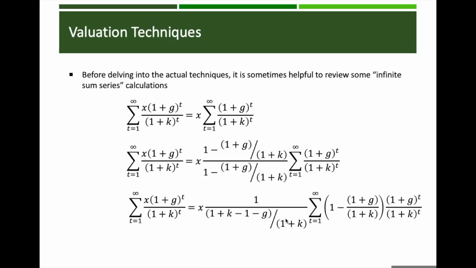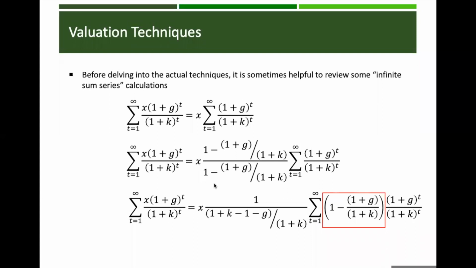So why did I do that? Well, I'm going to distribute the numerator portion, 1 minus 1 plus G over 1 plus K, into the summation series. That's just a property of mathematics. I believe it's called the distributive property. So you see that I've just moved it into the summation. There's nothing wrong with doing that.